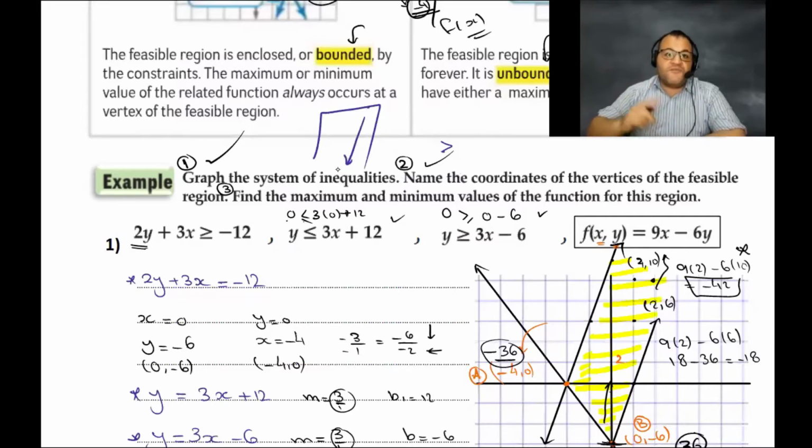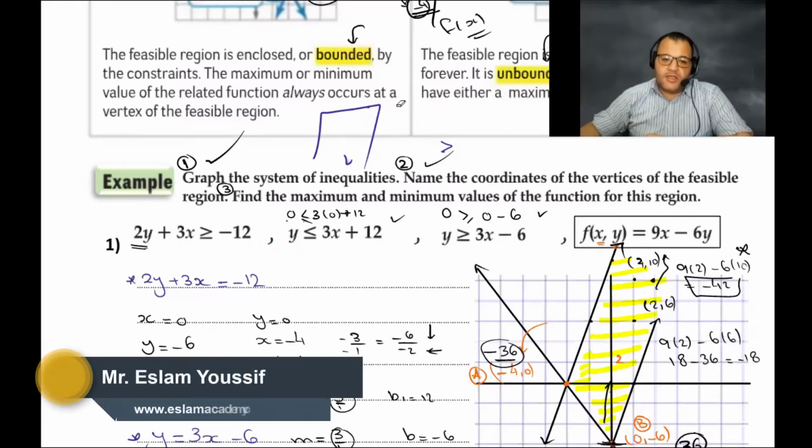What will happen to the value of the function? If you choose any point, by substitution, the answer will increase or decrease. If the answer increases, it means you have a minimum. If the function decreases, it means you have a maximum. It depends on the position on the graph.